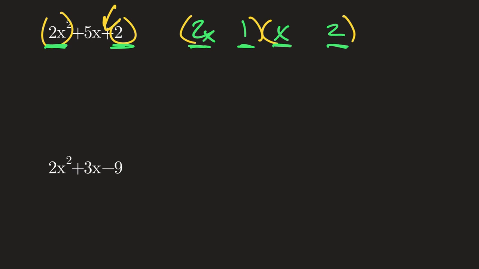Here's what that means. Since that last sign is a plus sign, that means that the outside product, this is what we call the outside product, and the inside product has to add to give me 5. Now look at this. The outside product. What's 2 times 2? 4. Technically 4x. The inside product.